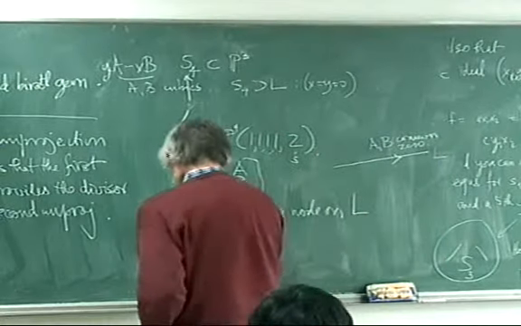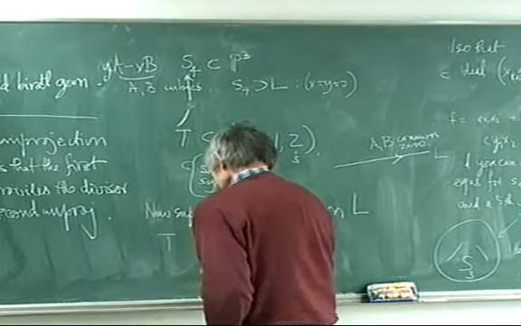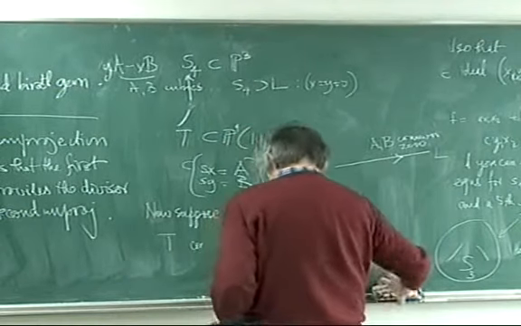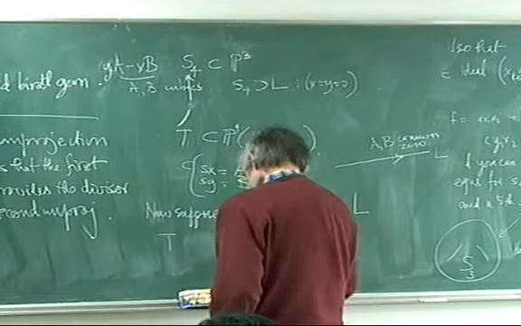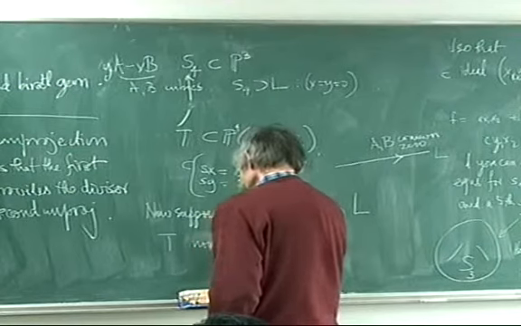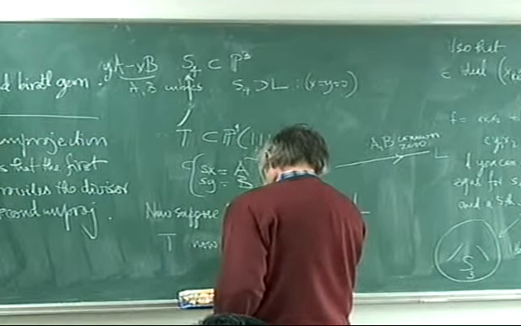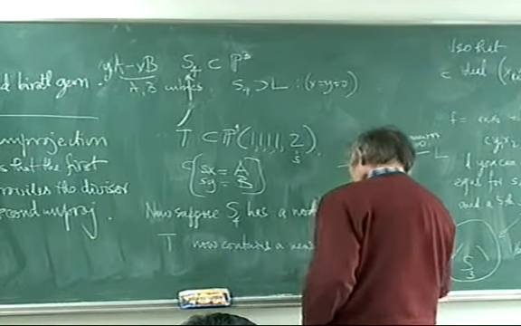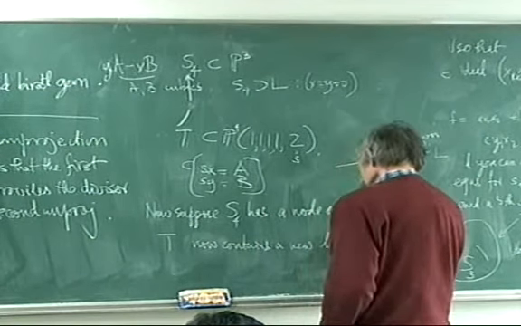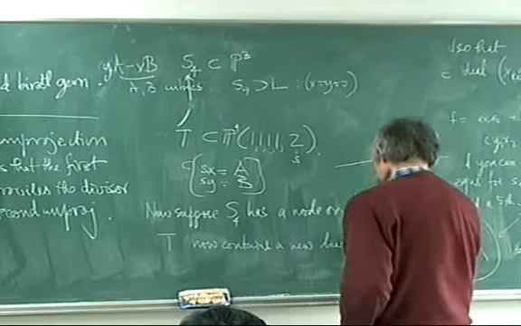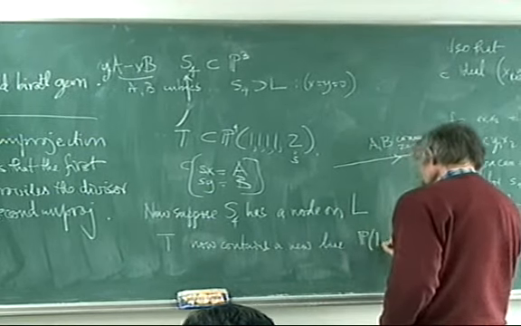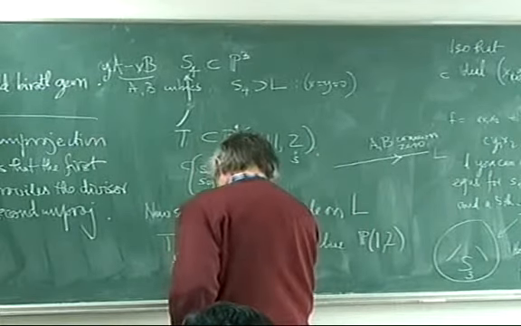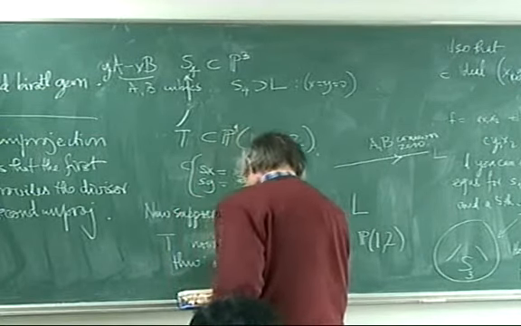So then, when I do this T, this T now contains a new line. So it's actually a line P1, 2 through the orbifold points.